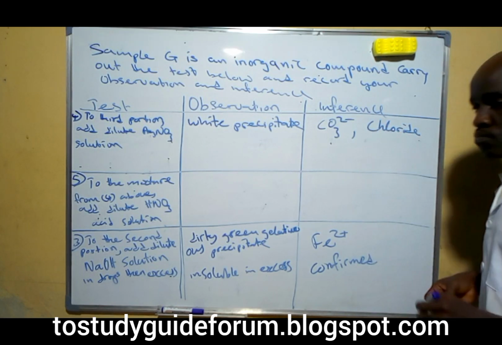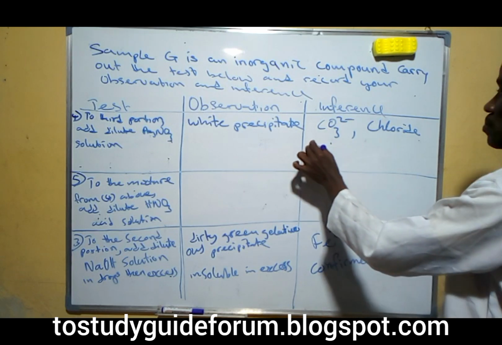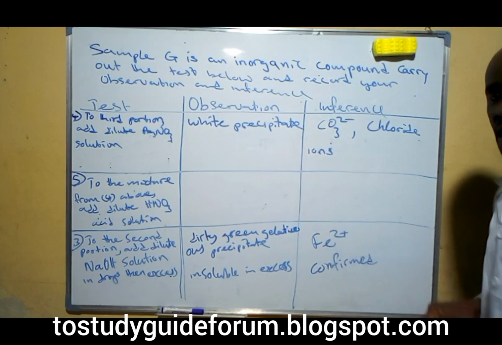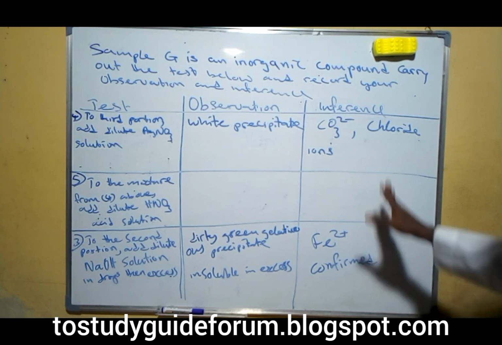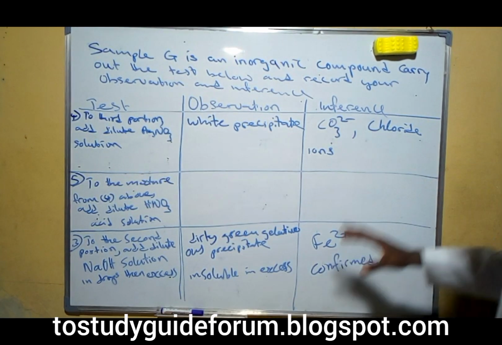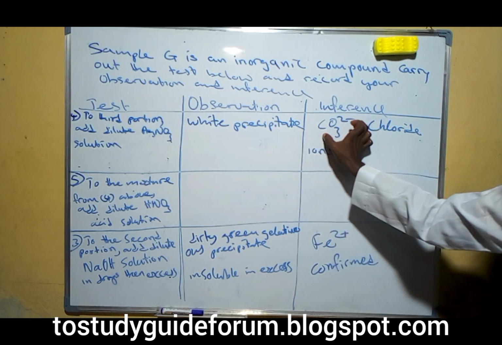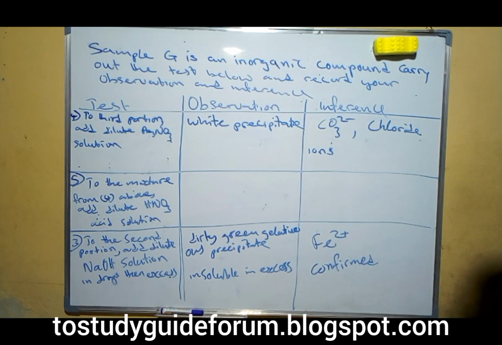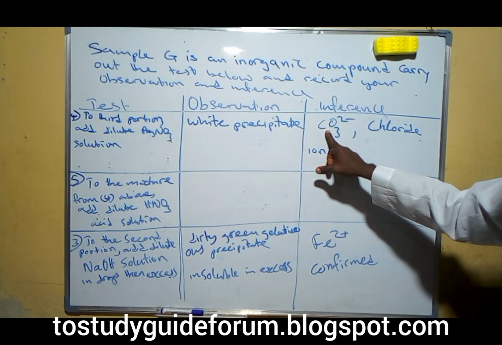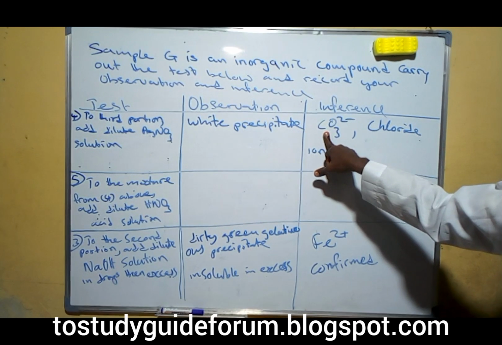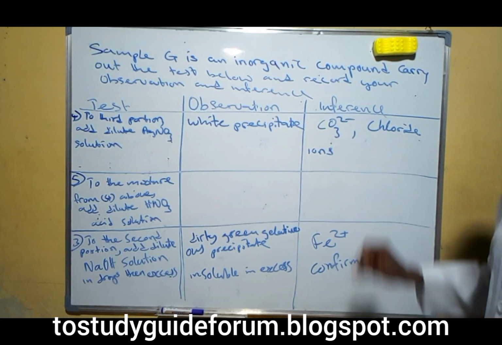These are the two possible white insoluble compounds of silver, so we are suspecting carbonate and chloride ions.